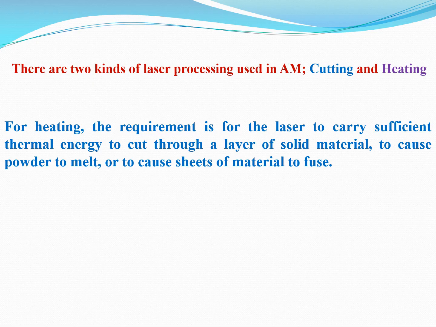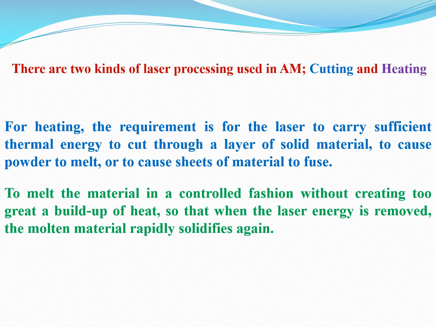In the case of heating, the requirement is for the laser to carry sufficient thermal energy to cause powder to melt. That means thermal energy is used for melting the powder, or to cause a sheet of material to fuse; if we use a sheet, heat is used for melting the sheet.